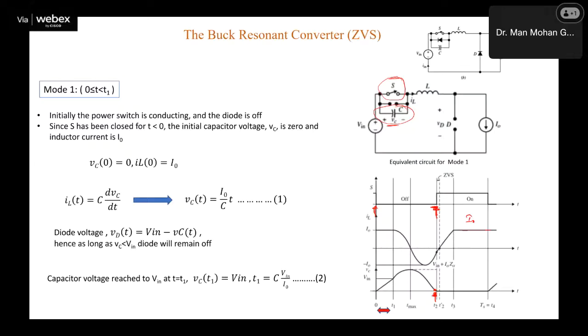And now when the switch is turned on, the entire current is flowing through the switch itself, which is basically the inductor current. And in that case the capacitor voltage remains 0. So in this way we see that because the switch voltage has become 0, only after that the switch current is increasing, so that will create 0 losses. Okay, so we stop over here.